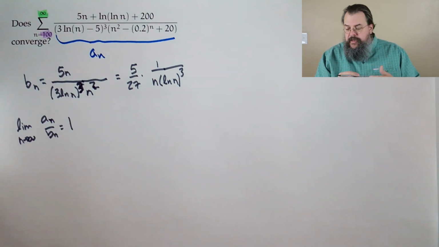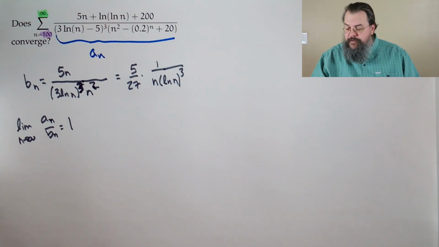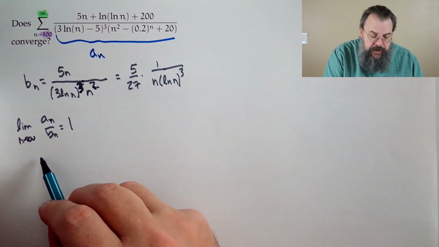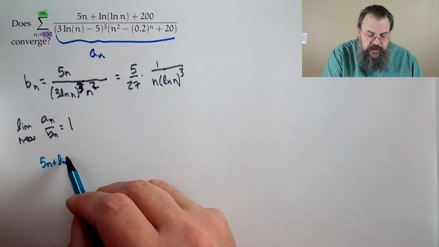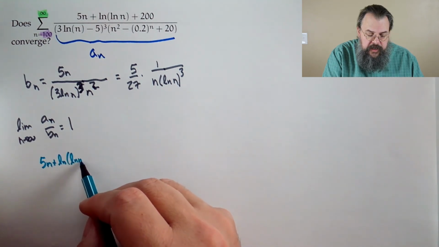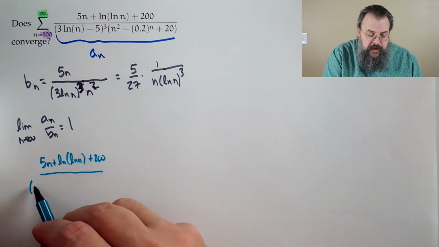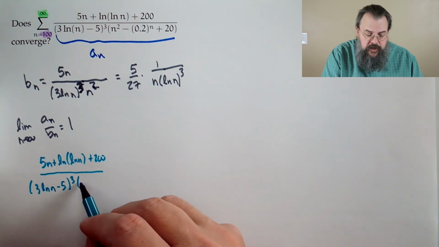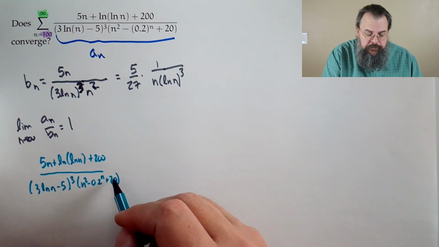Now, on a side note, let me try one more time to illustrate how you can think about why this works. So let's think of it in a slightly different way. We're going to think of starting with our original expression: 5n plus log n plus 200 divided by 3 log n minus 5 cubed and n squared minus 0.2 to the n plus 20.